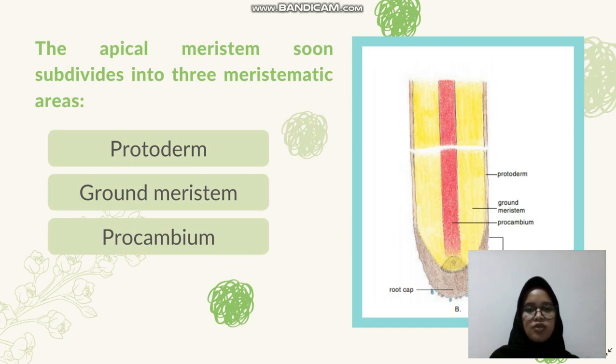The first is protoderm, an outer layer of cells, or we can call it epidermis. The second is ground meristem, which produces the parenchyma cells of the cortex. And the third is procambium, which appears as a solid cylinder in the center of the root. It produces primary phloem and primary xylem.